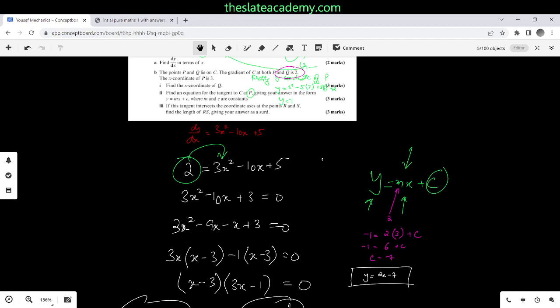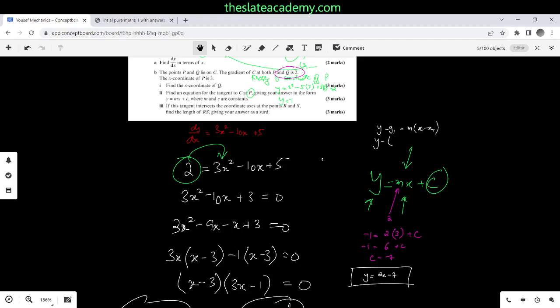Okay, I got it. There would have been another way you could have solved it. You could have also used the equation y minus y1 is equal to m into x minus x1, where x1 and y1 is the point.